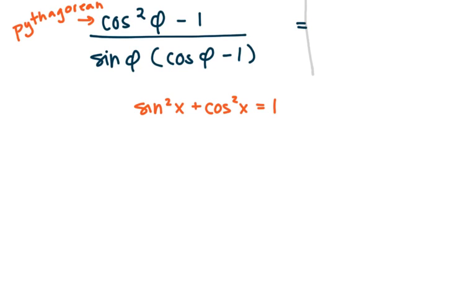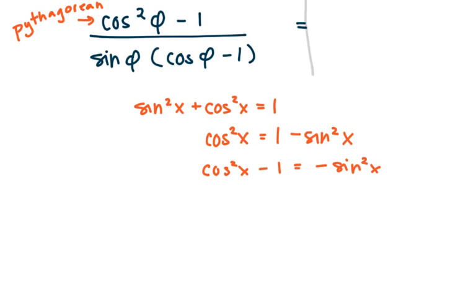So in order to make this in red look like my numerator, I would have to say cosine squared x equals 1 minus sine squared x, or rather cosine squared x minus 1 equals negative sine squared x.